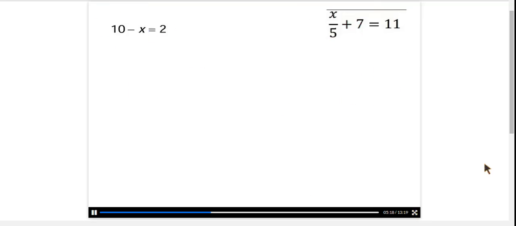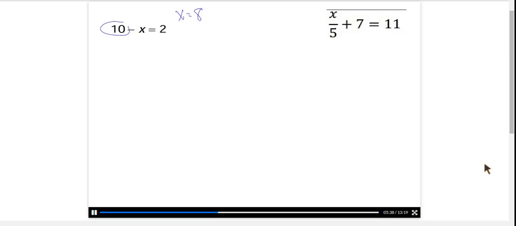All right, next problem. 10 minus some number is equal to 2. All right, and you're probably already saying, oh, wait, I know. 10 minus 8 is equal to 2. Well, let's check that out, okay? So I'm going to start with, I need to get all my numbers on one side.